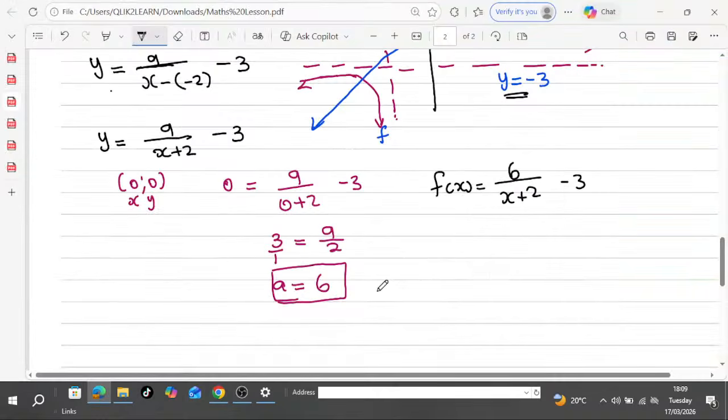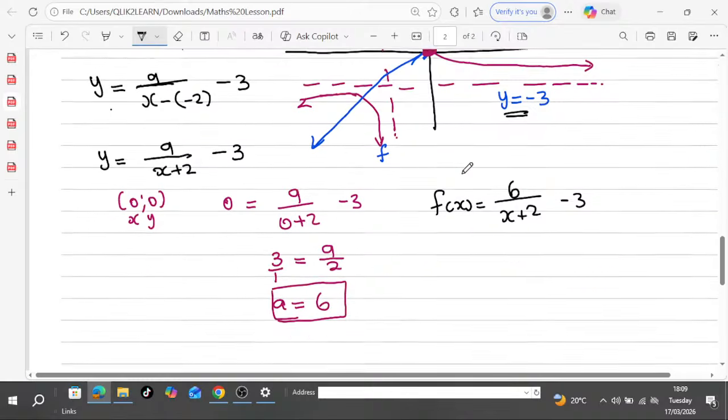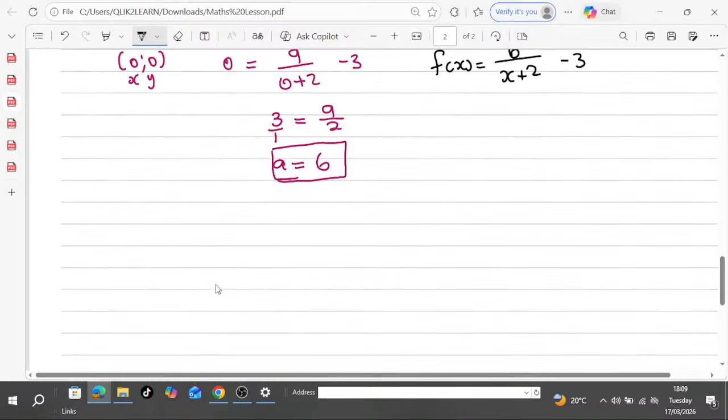Alright, so now that we have the equation of f(x), we can find the equation of g(x). Look at this. g(x) is a straight line, so it's in the form y equals mx plus c.